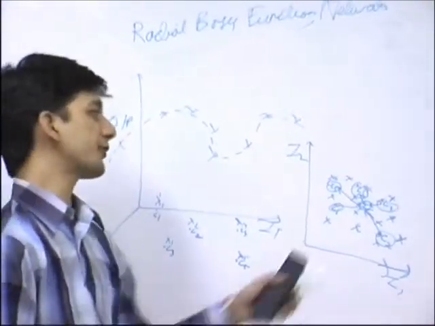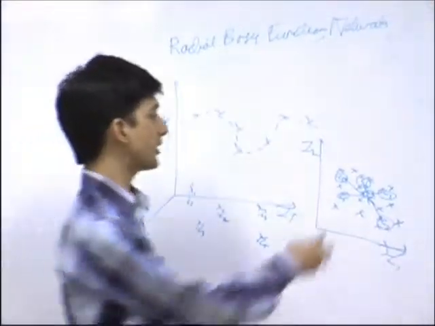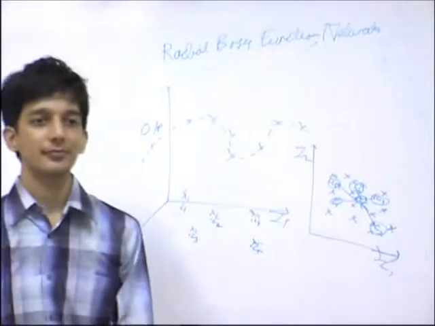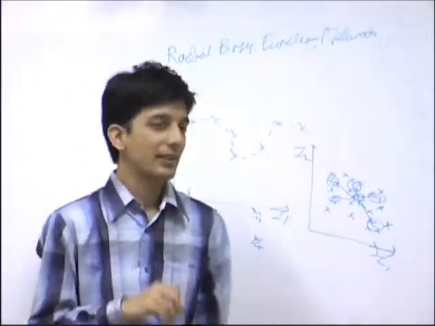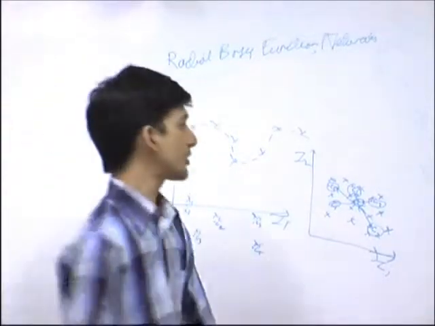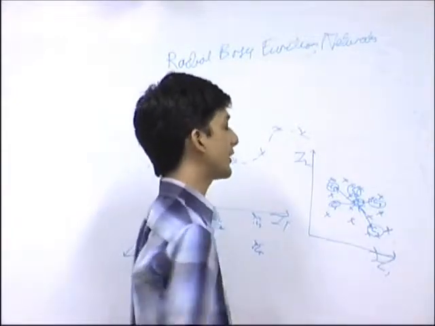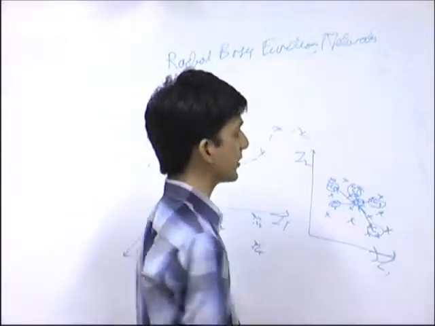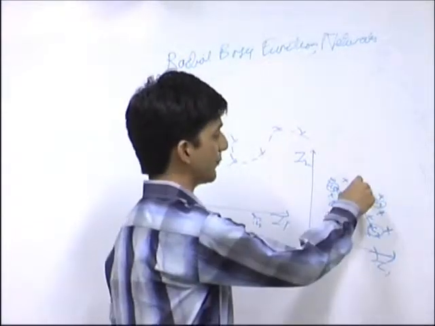Now for some point of time, I assume that C1 knows what kind of output is found in this region. C1 is a neuron, C1 is a point that has some kind of idea what kind of outputs are found in this region. C2 has some idea what kind of output is found in this region. C3 has some idea, C4 has some idea.